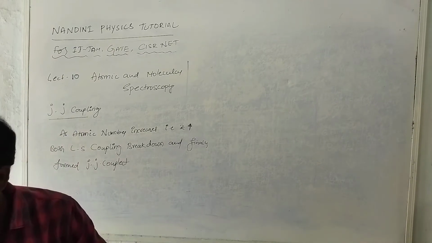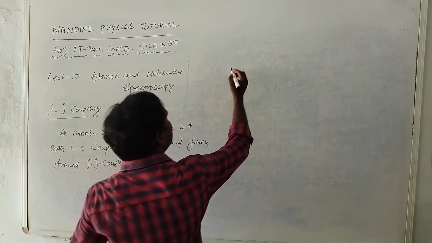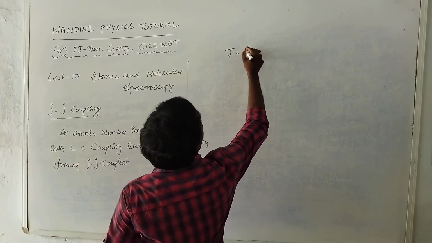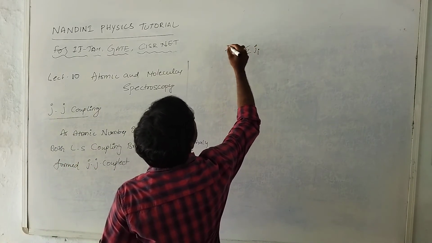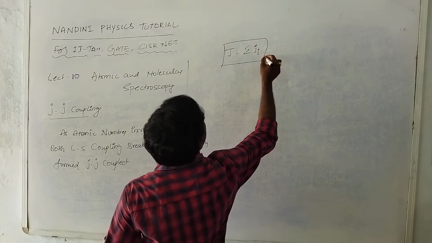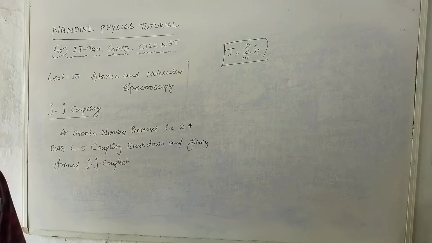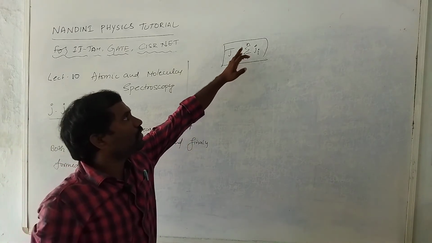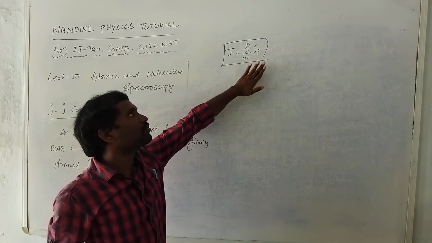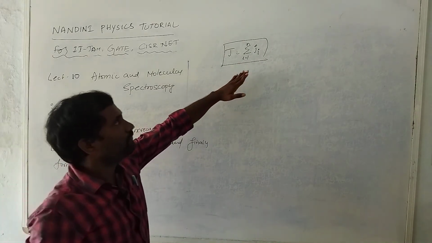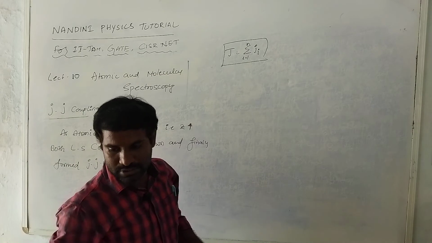See, capital J is equal to sigma Ji. This is called the JJ coupling symbol. From i equal to 1 to n, J is equal to the summation of i equal to 1 to n Ji. So this is called the total JJ coupling value.